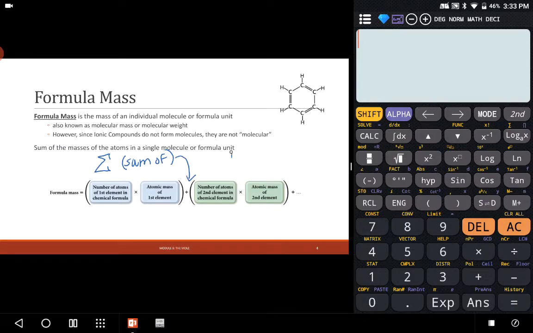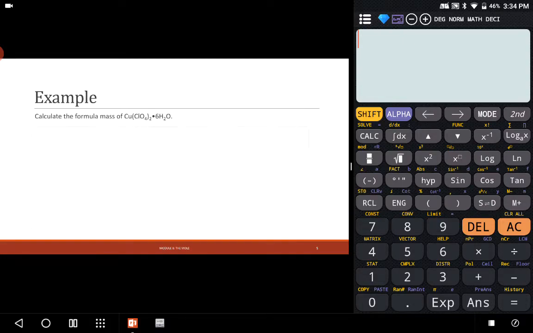So it's the sum of your number of atoms of one element times your atomic mass of that same element. These little subscripts down here are not a mathematical operation, they're just labels. So let's do a practice problem for this, and this is where you'll need your calculator.